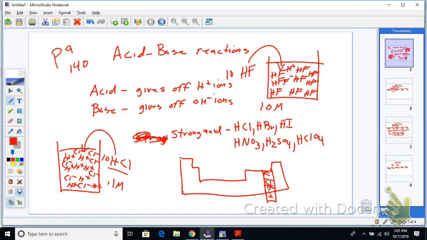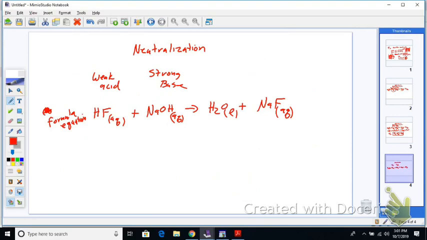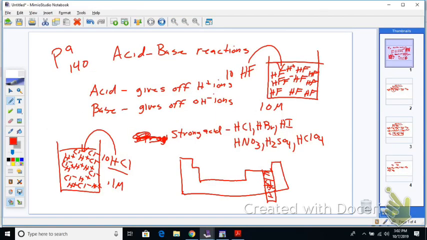So when we do a net ionic or complete ionic, this stays together. Don't separate weak acids because they don't separate in the solution. You don't separate it out. Again, just to reiterate, they don't break apart. They all stay together. Here, the strong acid, they break apart.